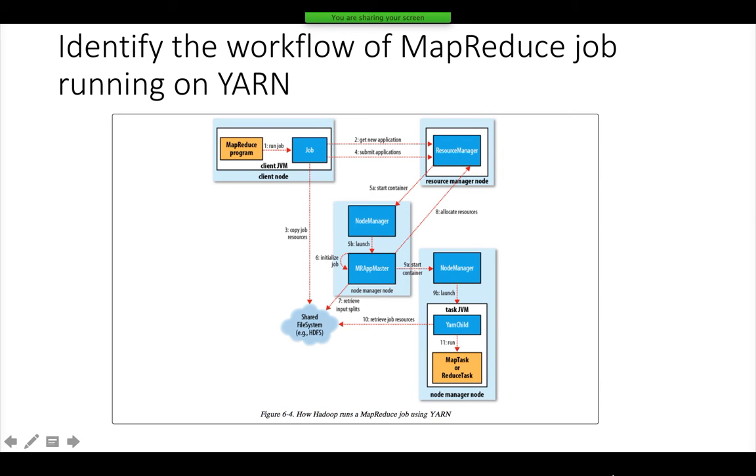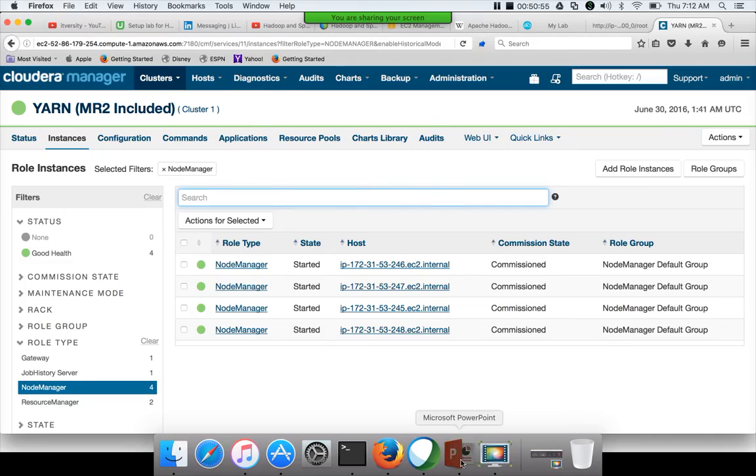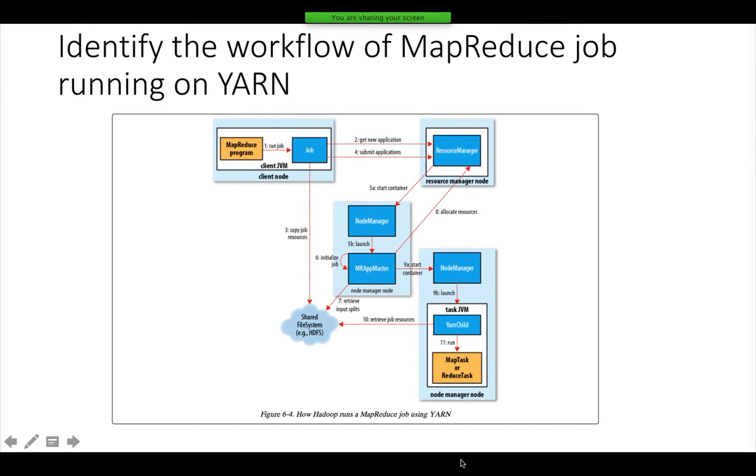The main question which I am trying to cover is what is the difference between classic and yarn. So in case of classic, you have job tracker and task tracker. Job tracker takes care of managing the cluster and also the submission of the jobs and keeping track of the jobs. Whereas in yarn, you have resource manager and node manager.